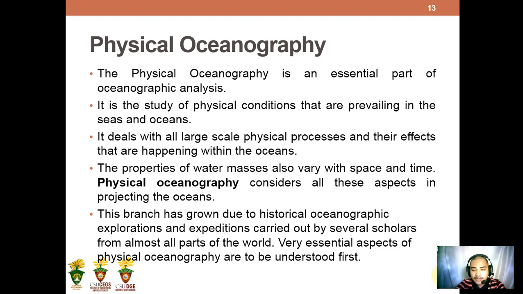So they are more curious, no, on the physical aspect of oceanography. So this branch has been born, naborn siya tungod sa pag-study, no, sa physical oceanography. And very essential aspects of physical oceanography are to be understood first.